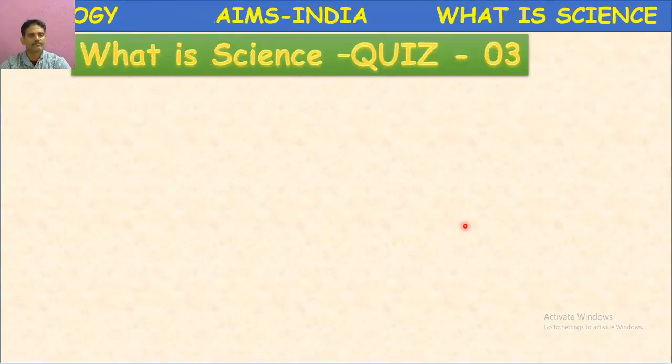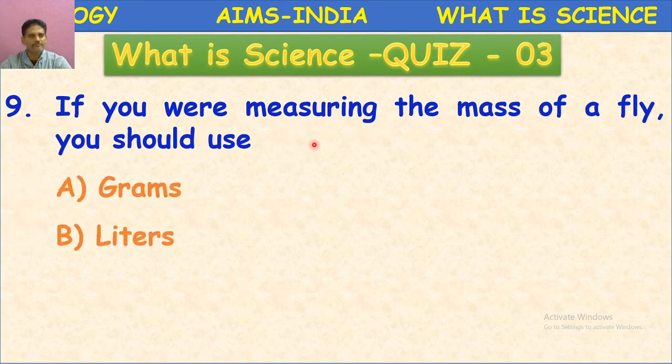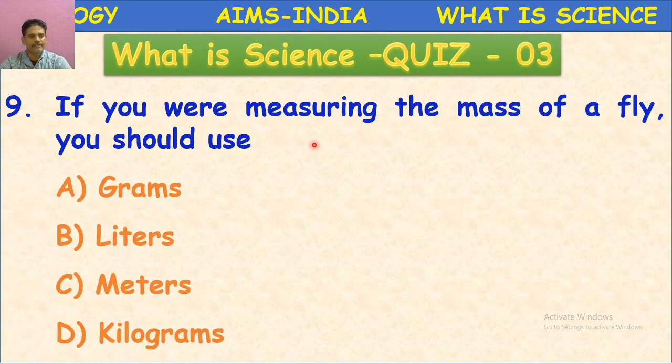Next, if you were measuring the mass of a fly, you should use, okay, in measuring, we are using different units: grams, liter, meter, kilogram. So here a fly, what is the unit of measurement here? Yes, A is the correct answer because it is small, in grams.